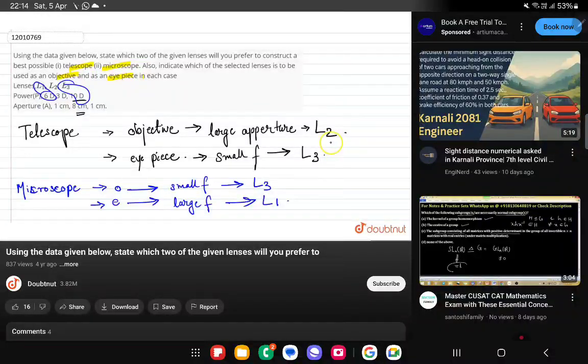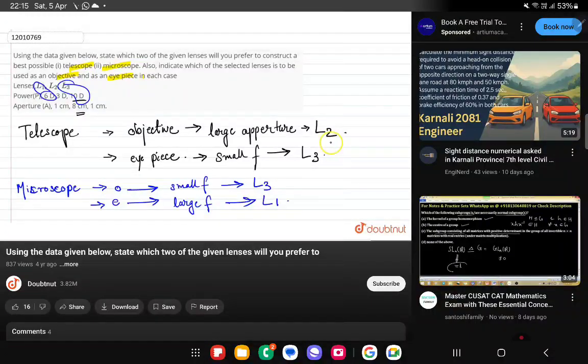Choose the one from the table which has the highest power, because it will have the smallest focal length, since focal length and power are reciprocal. So 10 diopter, that is lens number 3, is what you would use as the objective for the microscope. And the eyepiece has a larger focal length, which means least power. So we can choose 6 diopter, so L1.